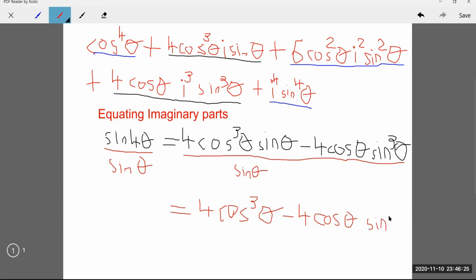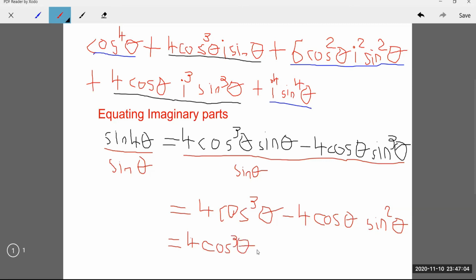Now when we get to this part where we have sine square theta, the only thing we need to do is say, okay, sine square theta, as we know, is 1 minus cos square, isn't it? Yes, sir. So let's substitute, because we can't have cos cube and then a sine coming in.